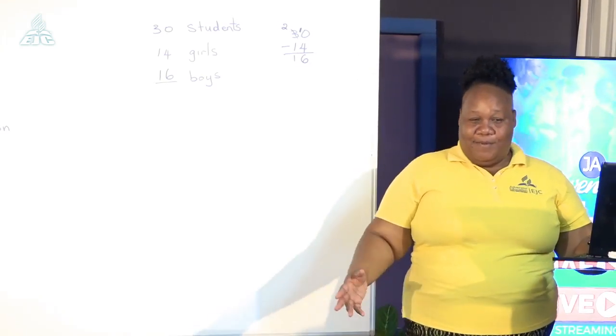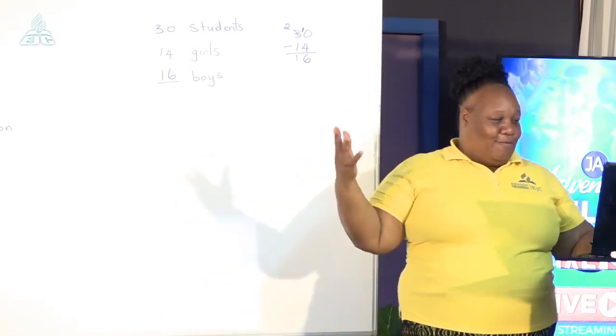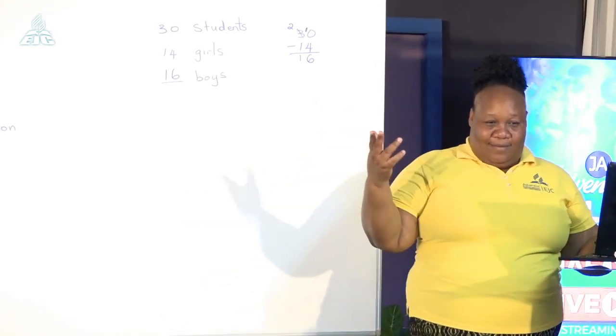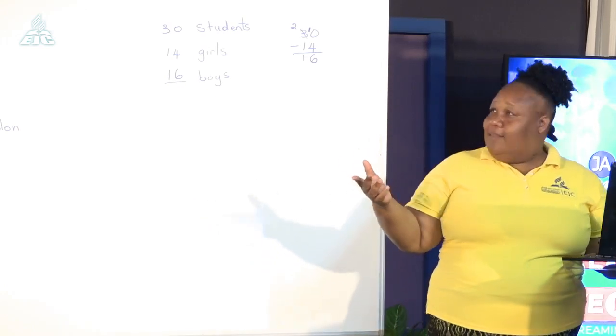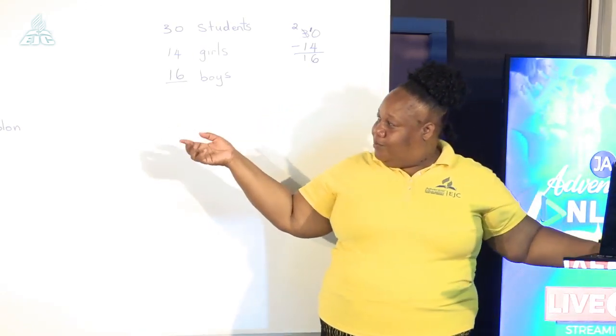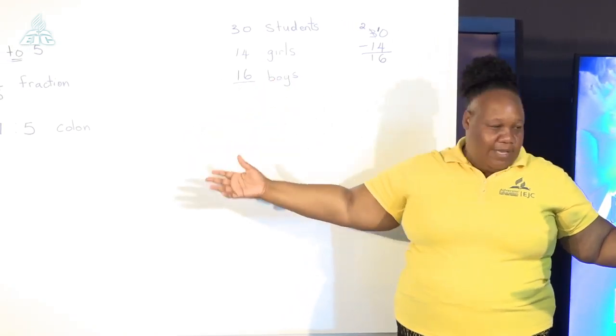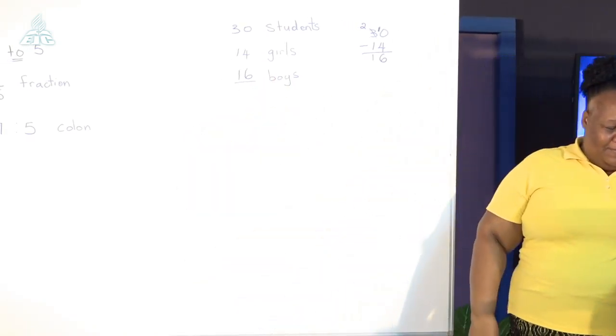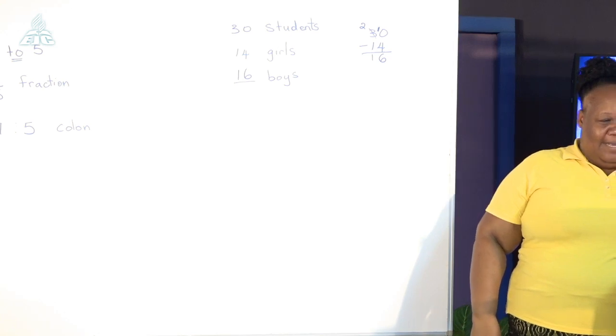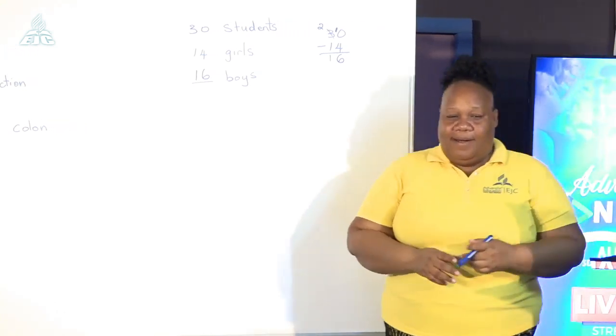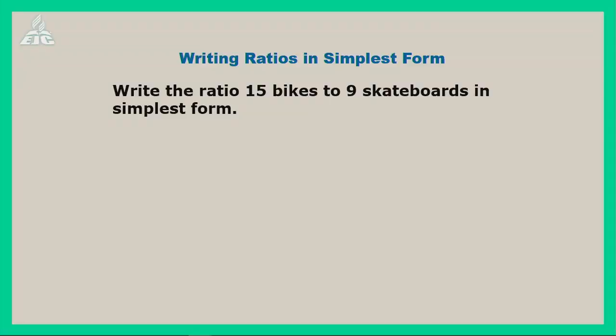Remember, we are comparing ratio using the word to, the word fraction, writing it as a fraction, or using the colon. Then I'm at the part where we talk about simplifying our ratio.